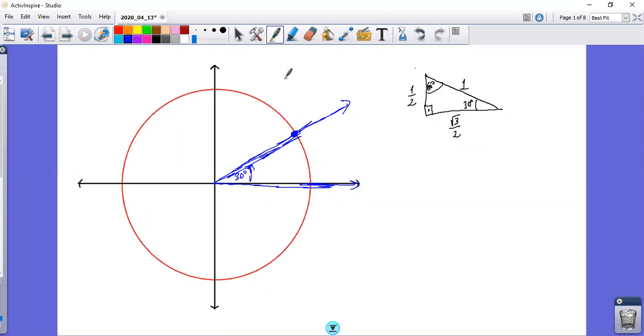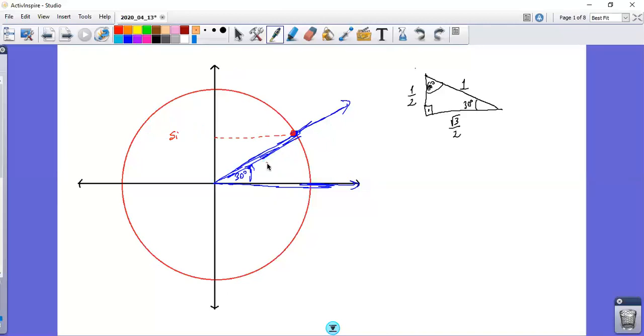And if you remember from the videos that I sent you, the y coordinate of this point is going to be sine of 30, right? And the x coordinate of this point, because this is x and this is y, is going to be cosine of 30. Okay. So now let me explain why. Why is it cosine of 30 and why is it sine of 30?